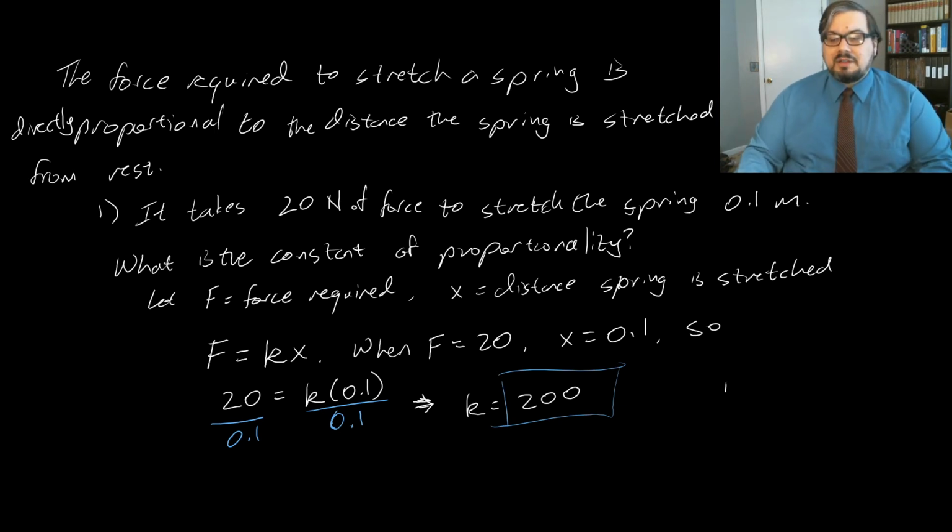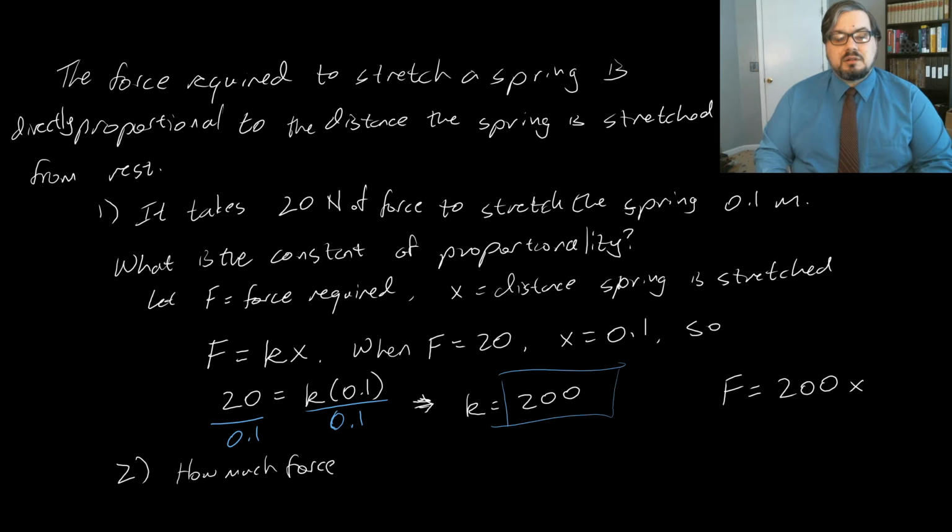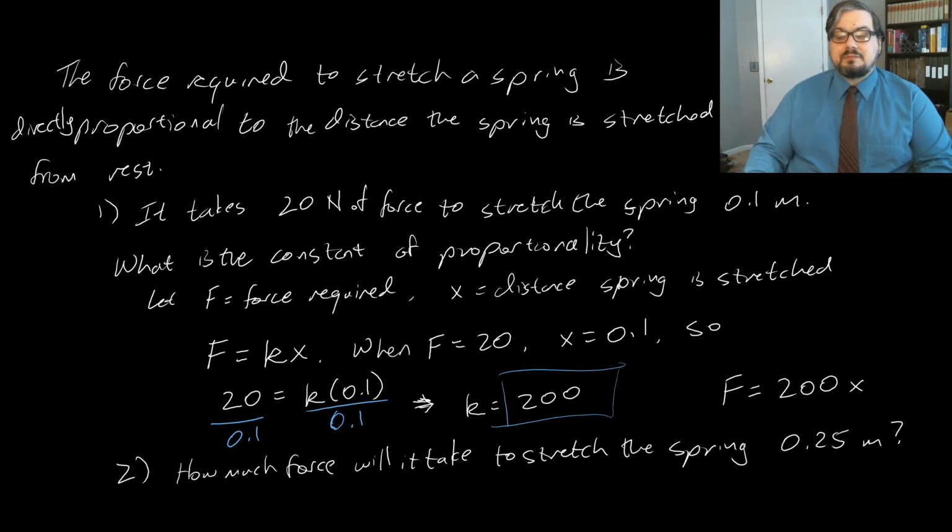And furthermore, this means that for any F and X, we have that F is equal to 200x. And so part 2 might build on this. Part 2 of the problem might say something like, how much force will it take to stretch the spring 0.25 meters?